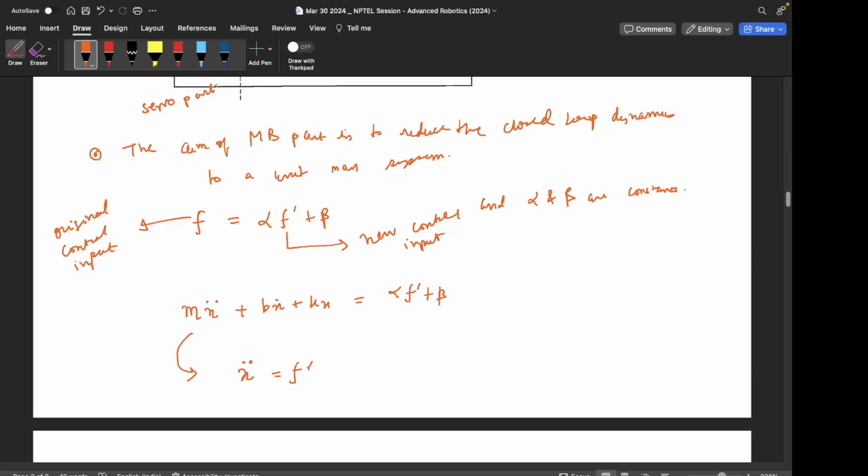So now if you look closely, we can choose alpha and beta such that some terms on both sides cancel out and some scalar factors are cancelled out, and the first equation is simplified to the second equation, which is the equation of a unit mass. So this is the unit mass equation of motion. This is also commonly called a double integrator system.